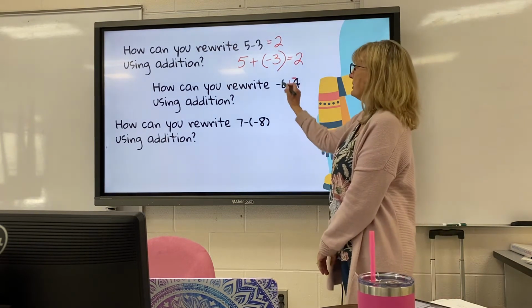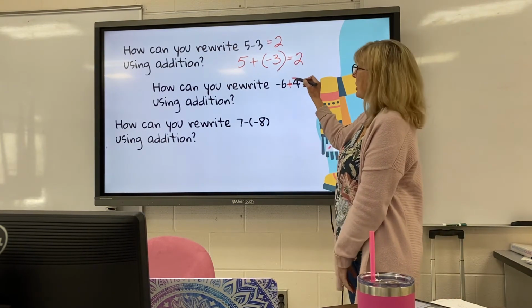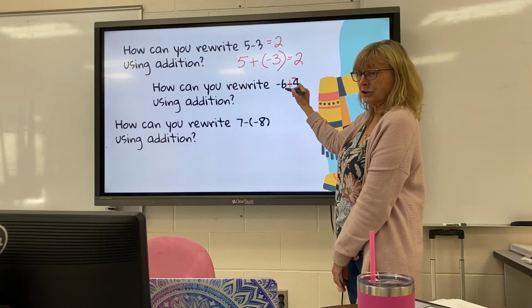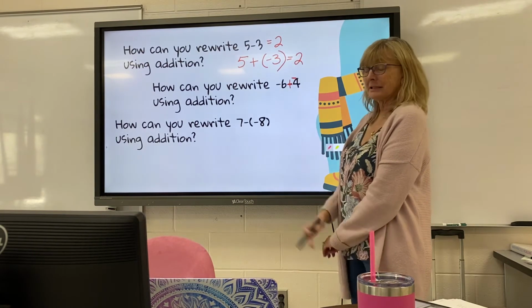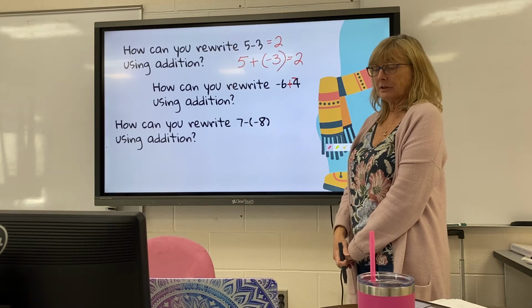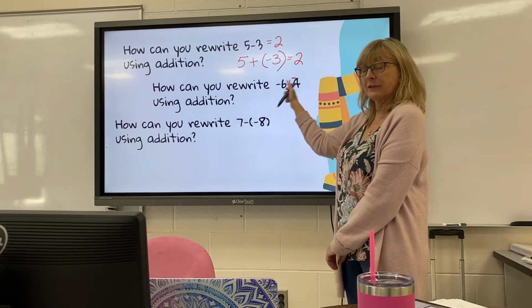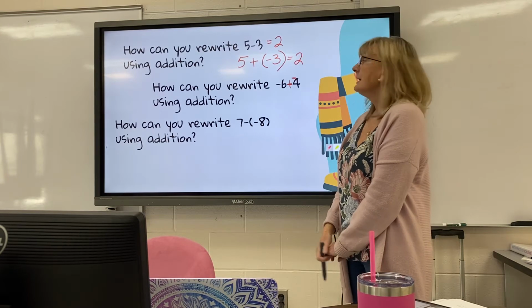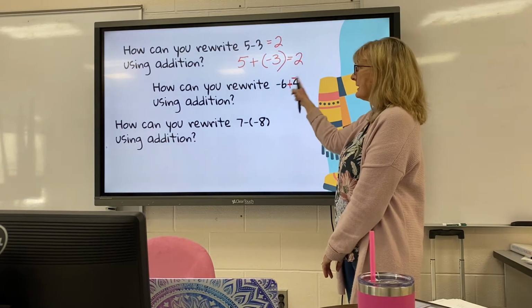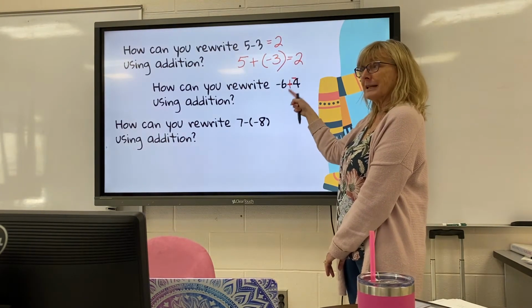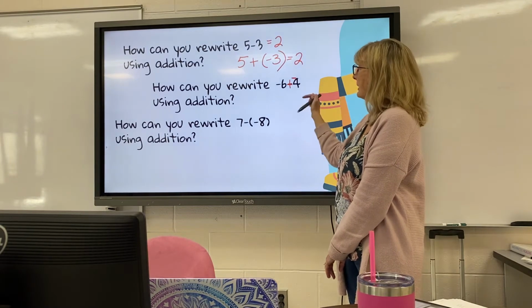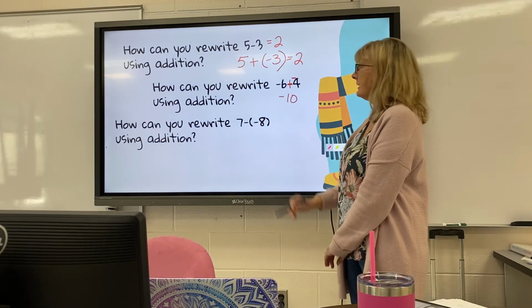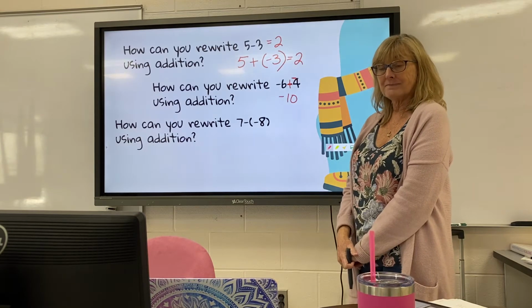You never change the first number, you change subtraction to addition, and then you take the opposite of the second number. Now we know the rules for this. Are the signs the same or different? The same, so we're going to add them together. 6 and 4 make 10. They're both negative, so my answer is going to be -10.